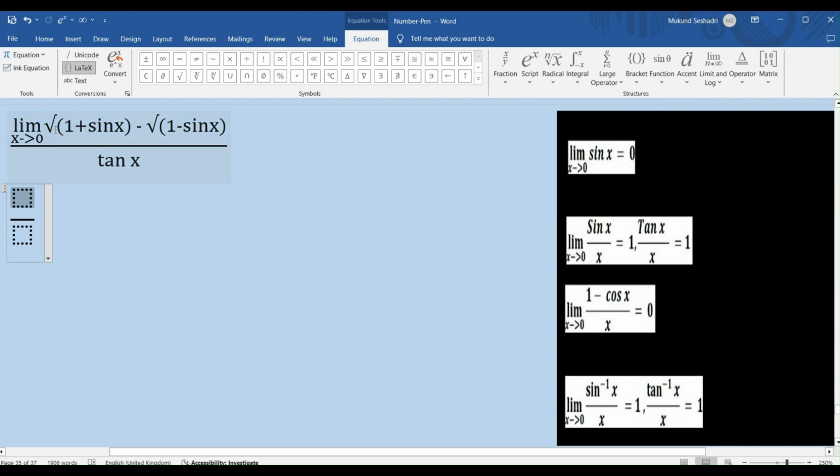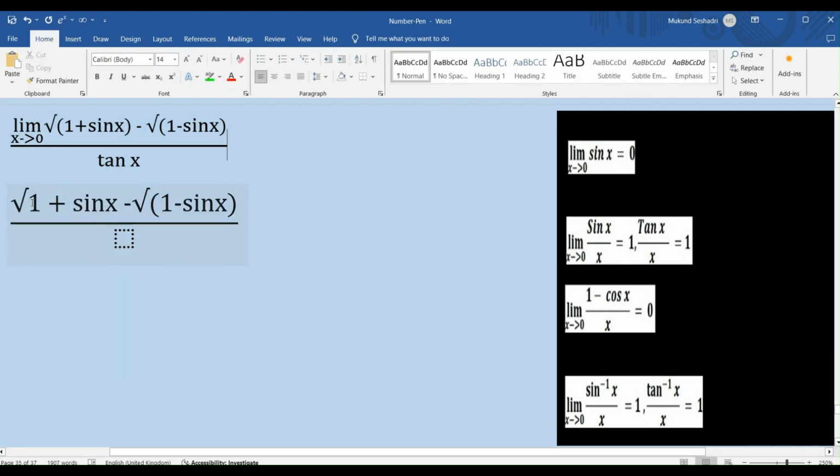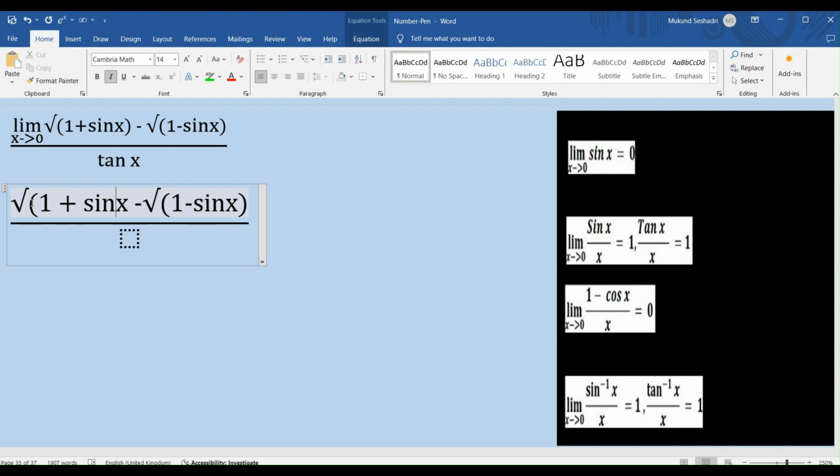So when I rationalize this, I get root of 1 plus sine x minus root of 1 minus sine x. Let me bracket this. And I'm going to retain the tan x at the bottom.